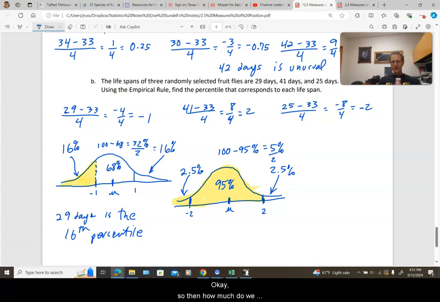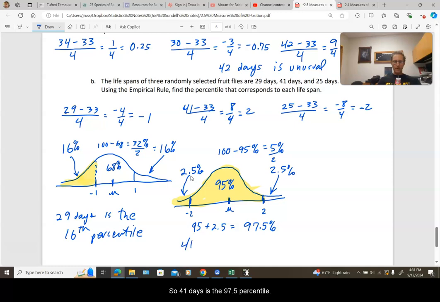Okay? So then how much do we have together to the left of 2? Because that's the z-score for 41 days. Well, it's this whole region here in the center, which is 95, plus this extra 2.5%. So we'll say 95 plus 2.5 is 97.5%.